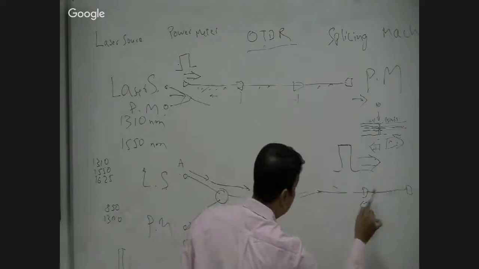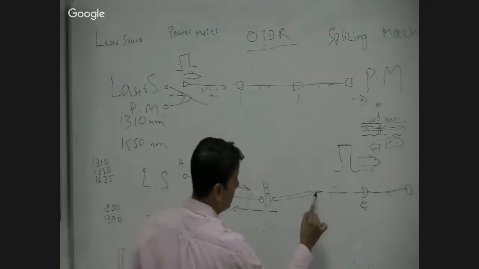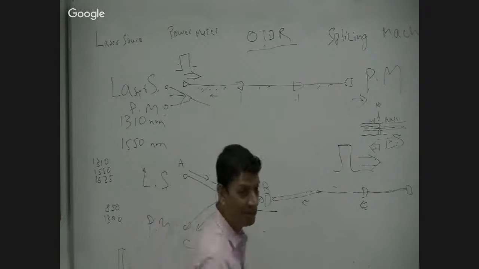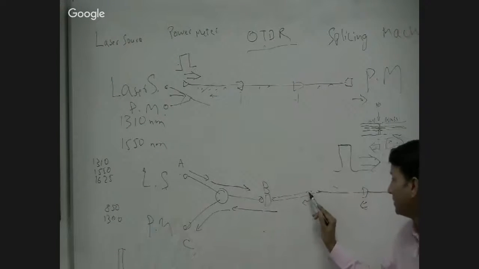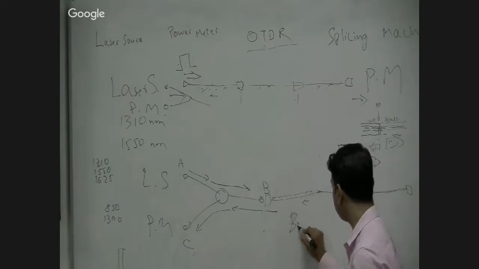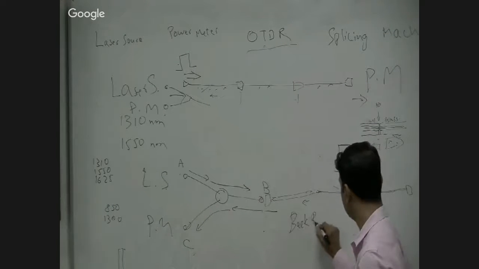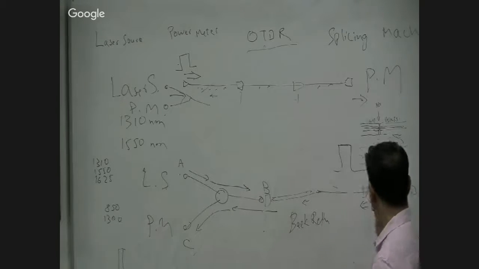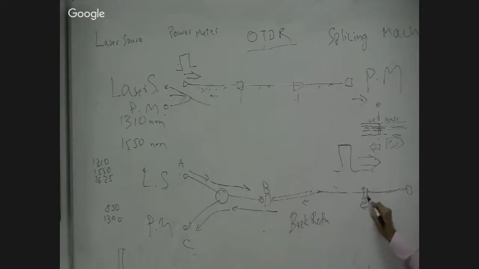I'll just tell you the difference between the reflections. The reflection due to impurities in the glass is called back reflection. And the reflection because of the physical connector, because it is a change in medium, is called a Fresnel reflection.